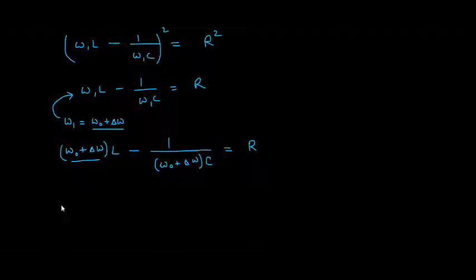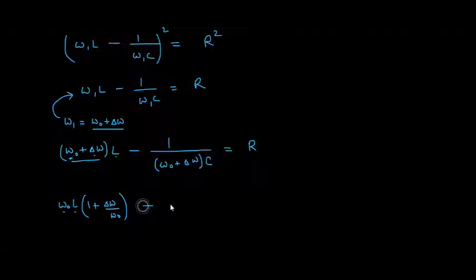So omega naught L is already here, so we write L. If we take omega naught from this whole, 1 is left here, and there is no omega naught here, so omega naught will come in the denominator. Any question till here?